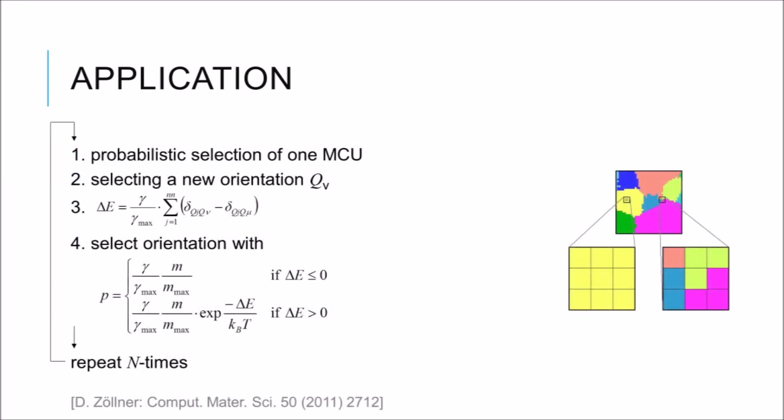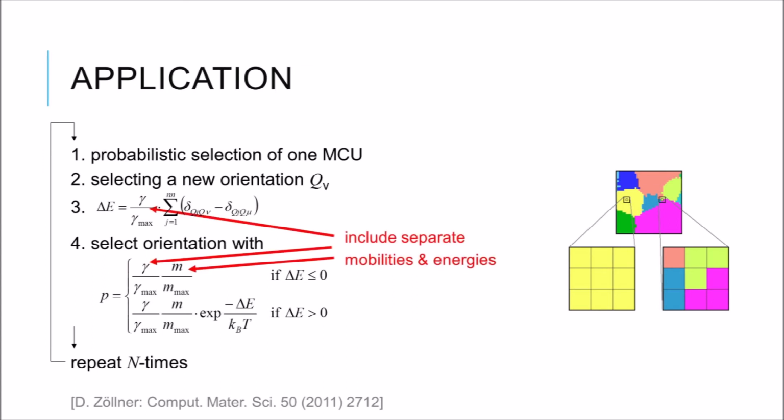To that, we use again our POTS model. Now the problem is the POTS model contains only 2 parameters, the grain boundary energy and the grain boundary mobility. However, I have shown that you can include precisely here the separate mobilities and energies for the different grain features.